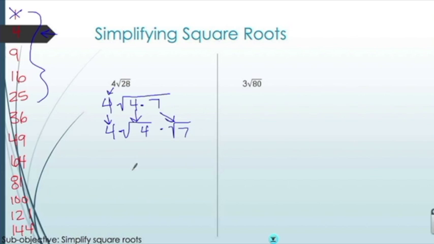So the square root of 4 times the square root of 7 is the same thing as the square root of 4 times 7. All right, I'm going to keep bringing everything down. Now I can simplify. The square root of 4 is actually just 2. This is all multiplication in between these all the way down. But here, 7 doesn't have a square root that is nice, so we leave it inside the radical. Now I can simplify 4 times 2, and I'll get 8 square root of 7.